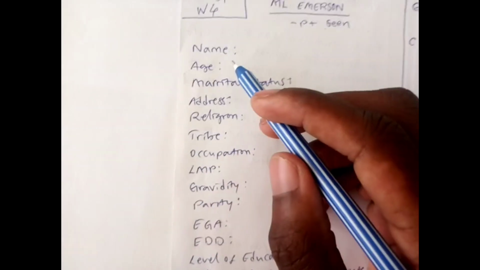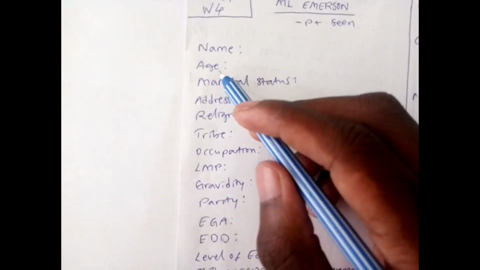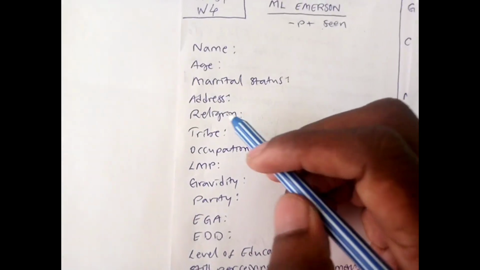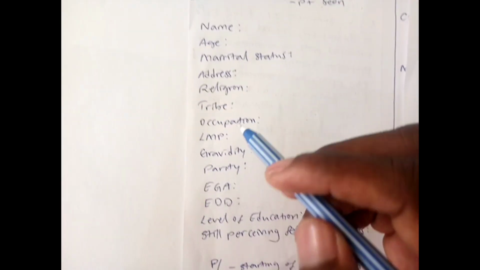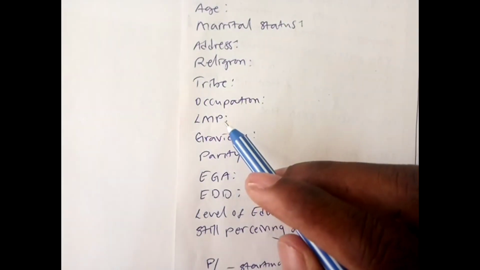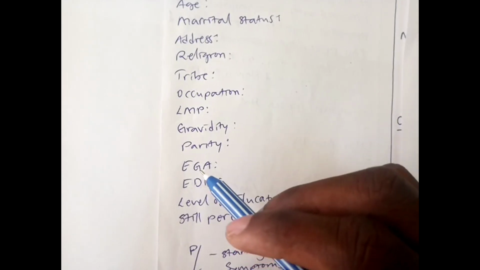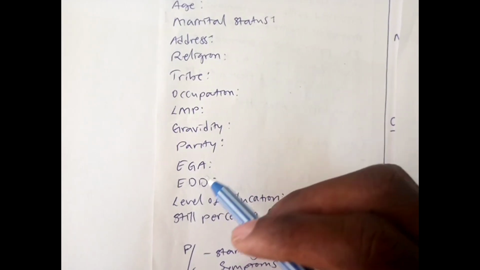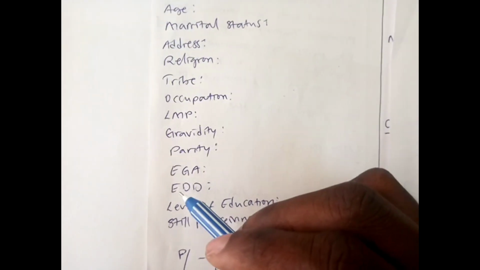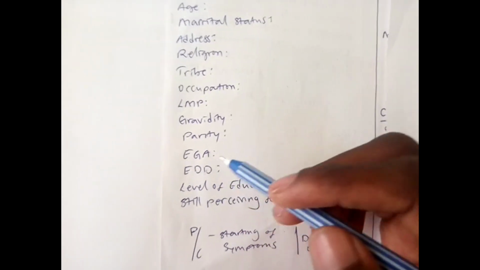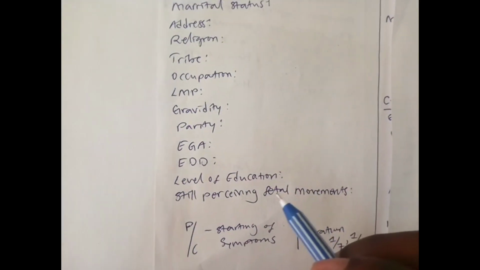So start with the name, age, marital status, address, religion, tribe, occupation, LMP, gravidity, parity, EGA, which is estimated gestational age, and estimated date of delivery. So we indicate everything.